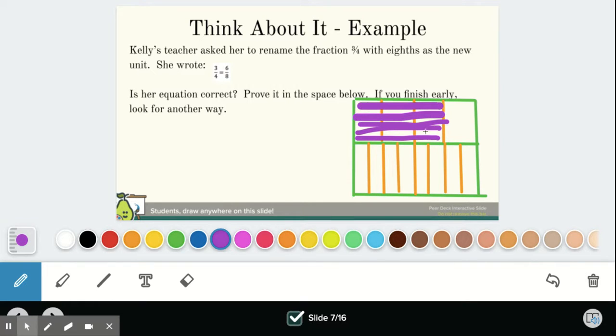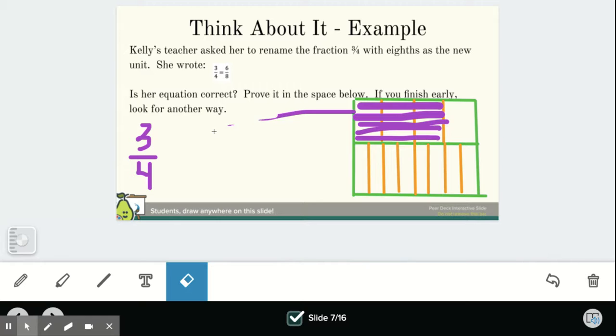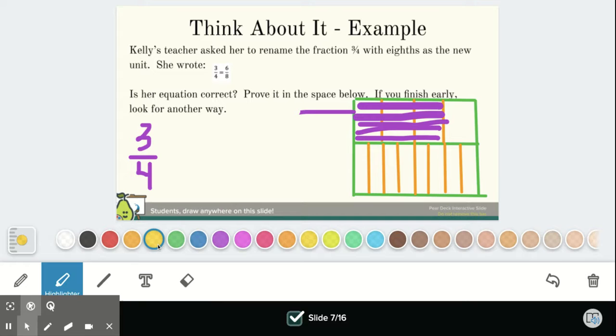Okay, so I'm going to write this fraction right over here. So this represents 3 over 4. Okay, all right. So let's go to the next fraction. And we want to show 6 over 8 for this one. Let's go with yellow.